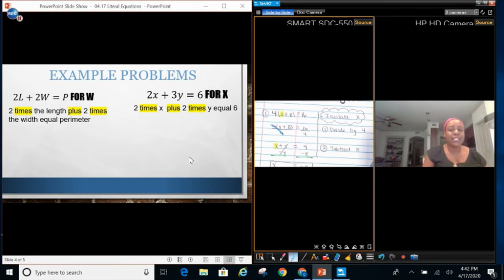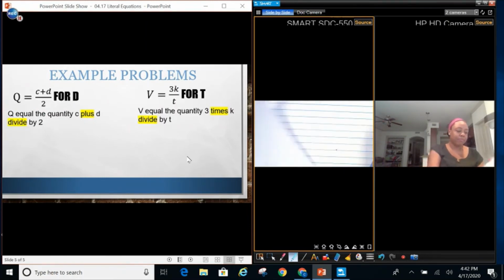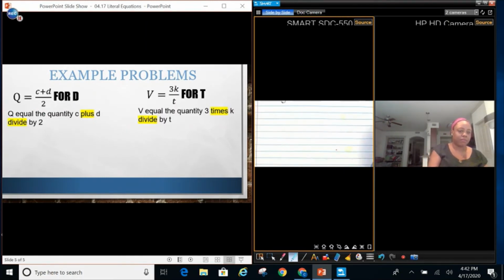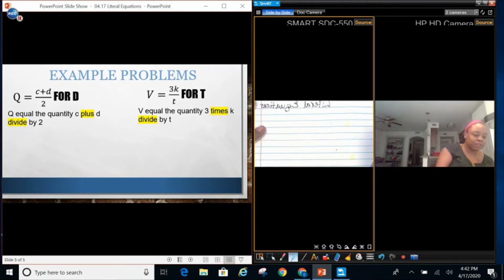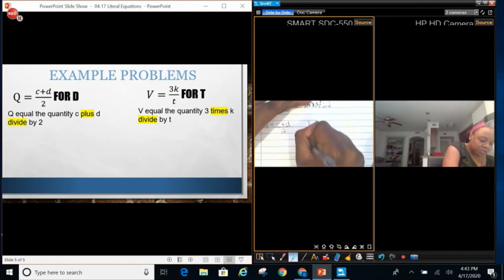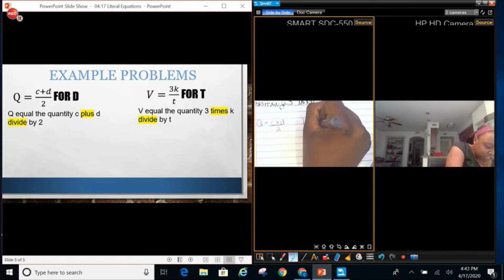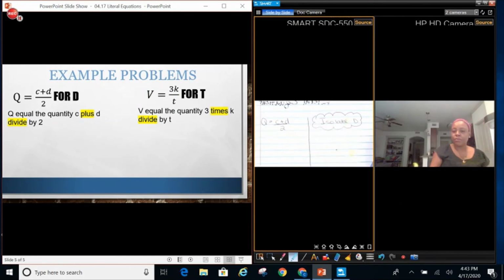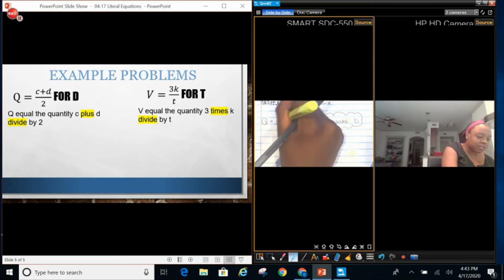All right, the last example problem. You have Q equals C plus D divided by 2. And I want to isolate D. So, here it goes.